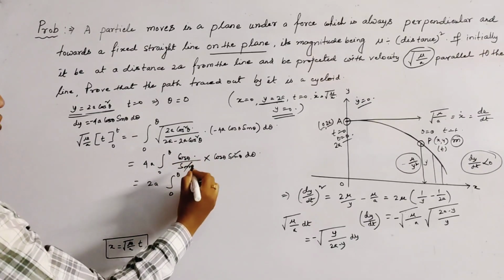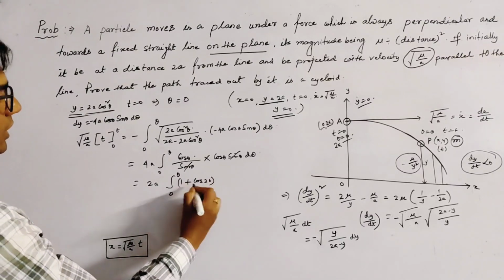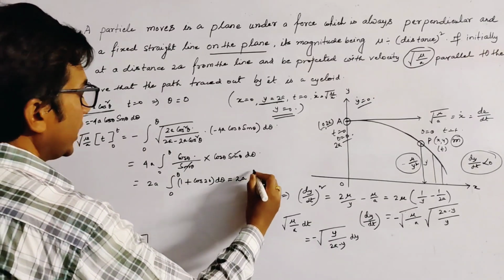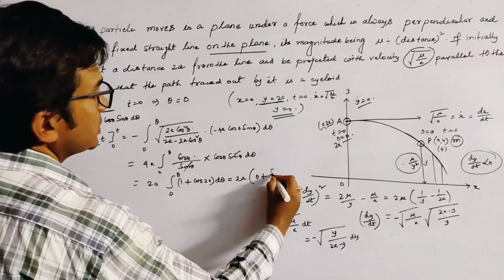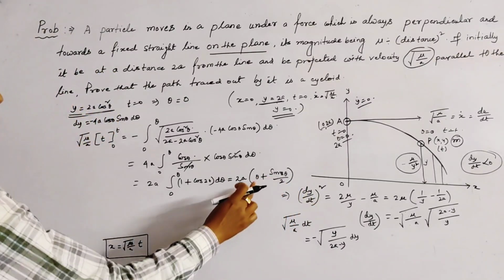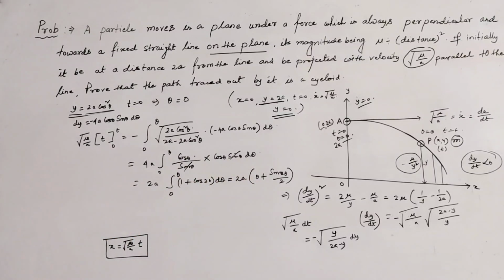This is 2 cos square theta, meaning 1 plus cos 2 theta, d theta. By integrating, we get 2a into theta plus sin 2 theta by 2, because theta and sin 2 theta both are 0 at theta equal to 0.